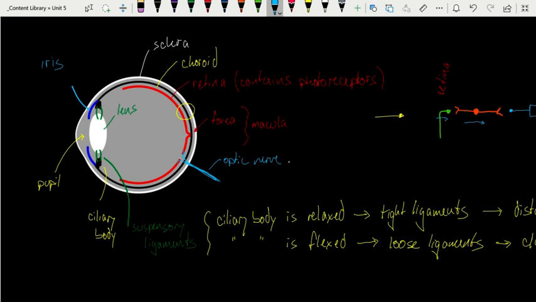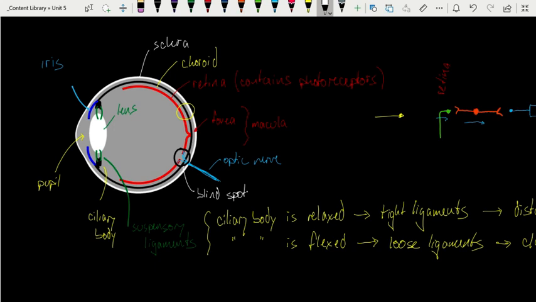And because that location doesn't have any photoreceptor cells, this location I'm talking about right here is called the blind spot. And that, for the most part, is the anatomy that we want to focus on.